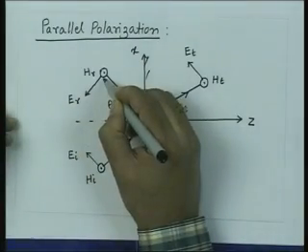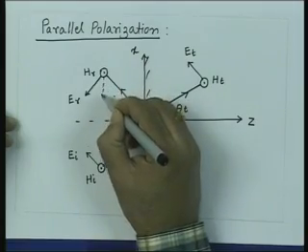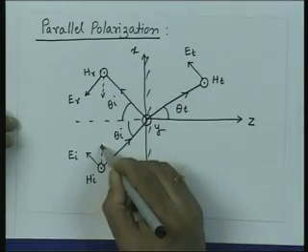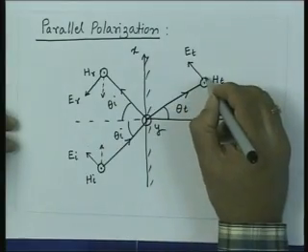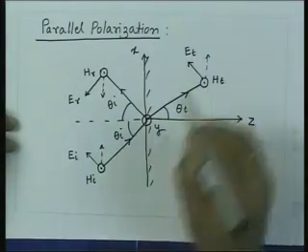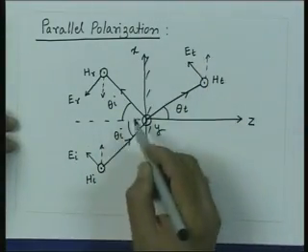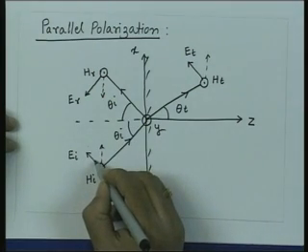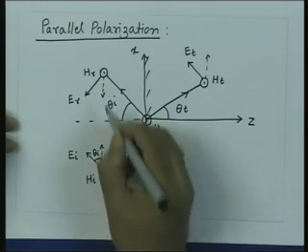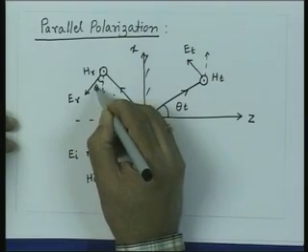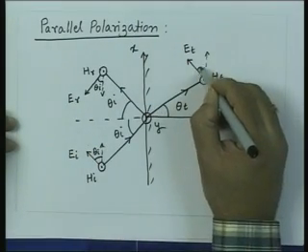Again I can take the component of these vectors, tangential component. The magnetic field now is tangential to the interface. So, if this angle is theta I, again this is theta I, this is theta I, this is theta t.